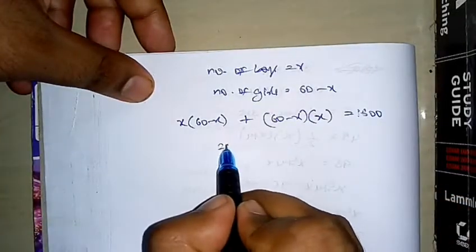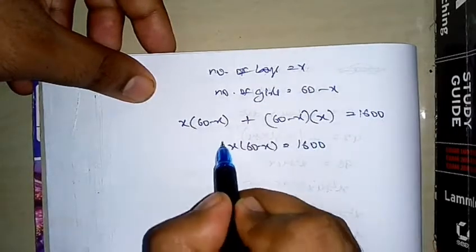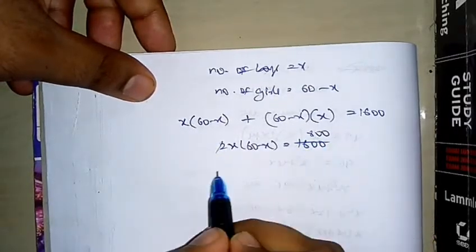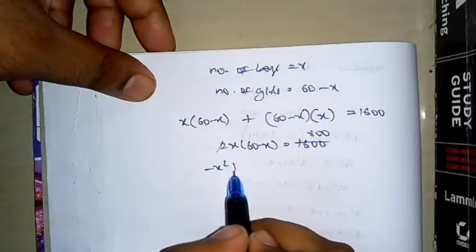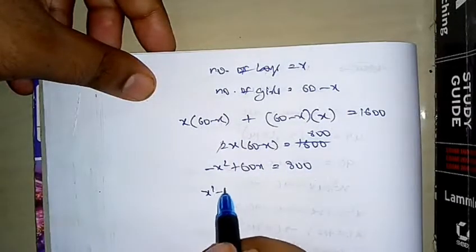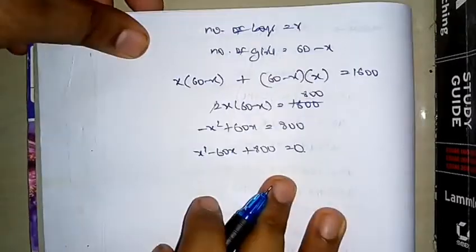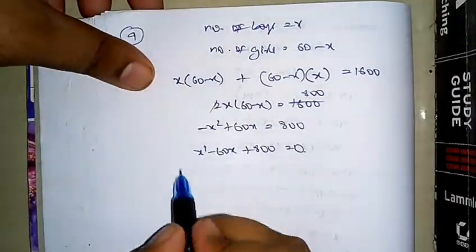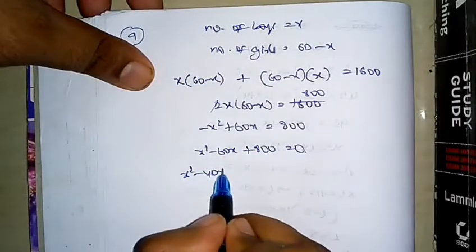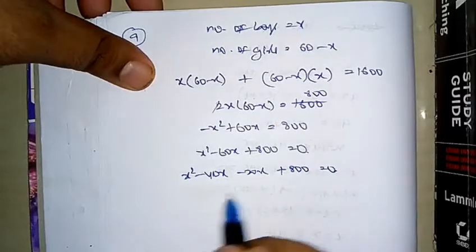So 2 into x into (60 − x) is equal to 1600. We cancel, you get 800. So −x² + 60x = 800. So x² − 60x + 800 = 0. 40 into 20 is 800. So x² − 40x − 20x + 800 = 0.